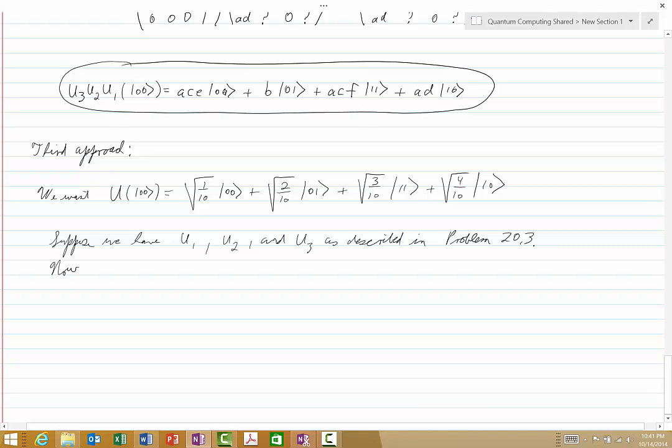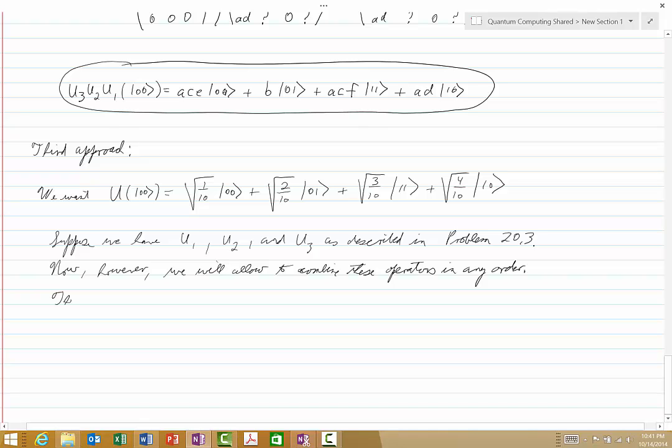Now, however, we will allow ourselves to combine these operators in any order.